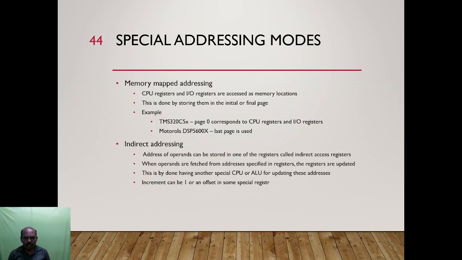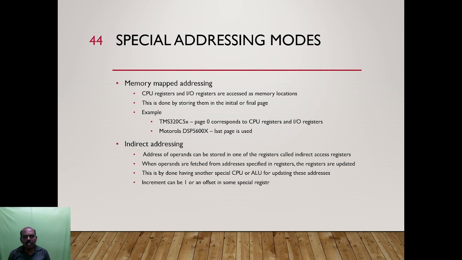Memory mapped address. CPU register and IO register are accessed as memory locations. This is done by storing them in the initial or final page. Example: TMS320C5X series page 0 corresponds to CPU register and IO registers. Motorola DSP 5600X last page is used.